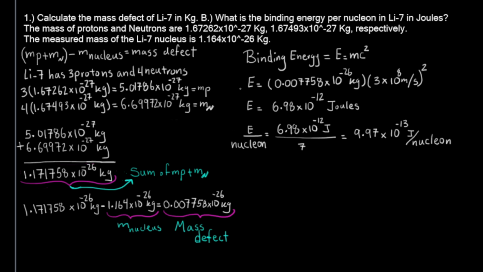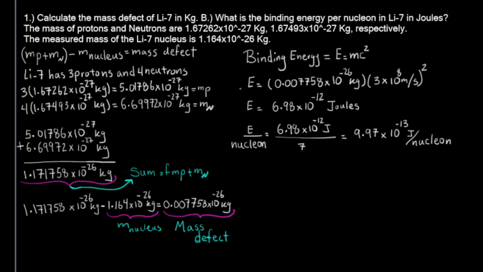Once we add the total mass of free neutrons to the total mass of free protons, we get a value of 1.1758 times 10 to the minus 26 kilogram. Then we need to plug this number into the mass defect equation. So we need to subtract the actual mass of the nucleus from the sum of the masses of the free protons and neutrons.